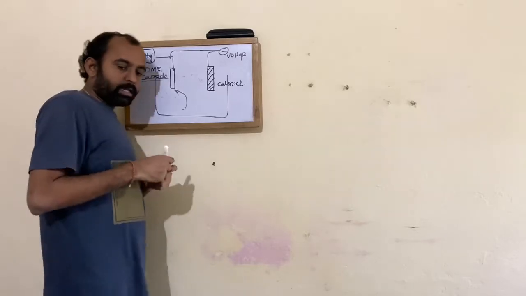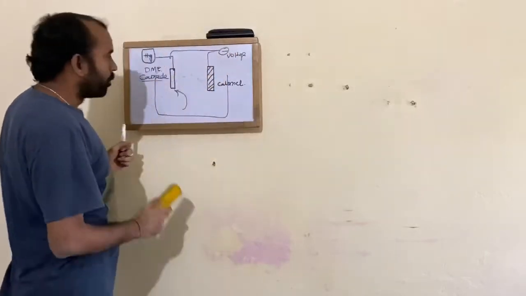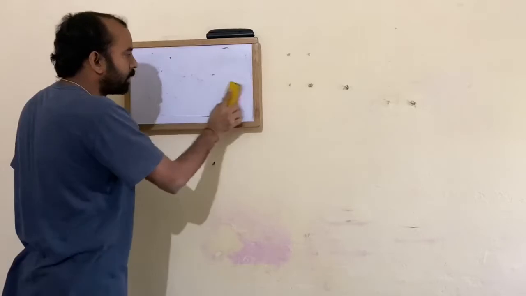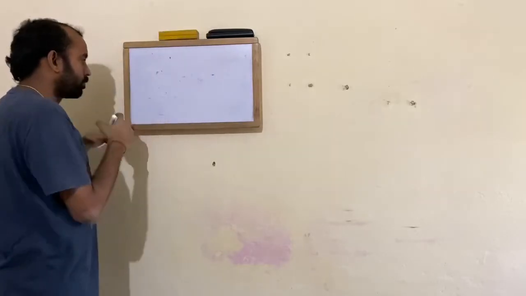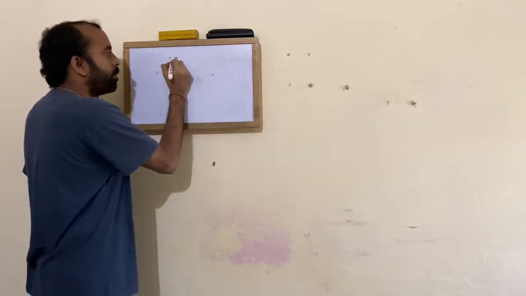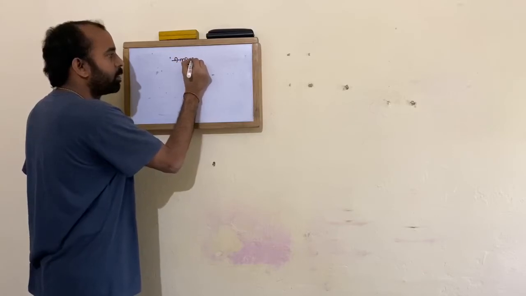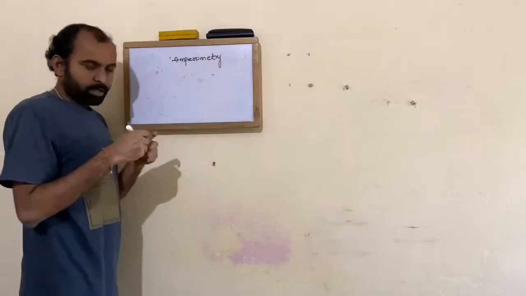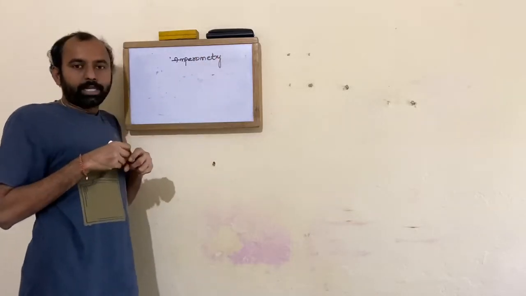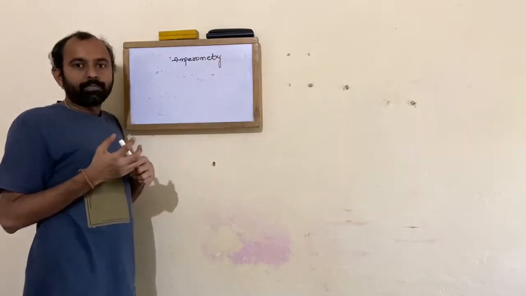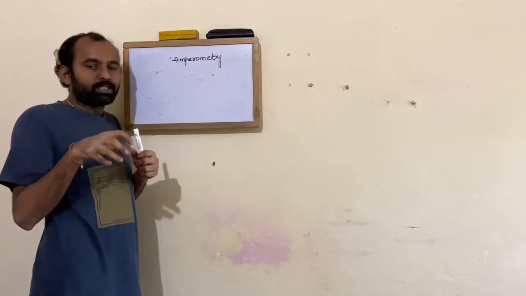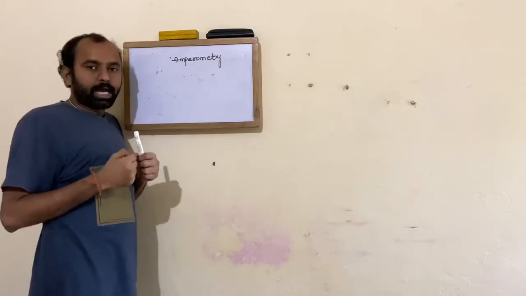Here you can also term polarography as amperometry. What do you mean by amperometry? That means whenever you apply a negative voltage onto a system, it attracts some amount of electro-reducible species towards the mercury cathode.